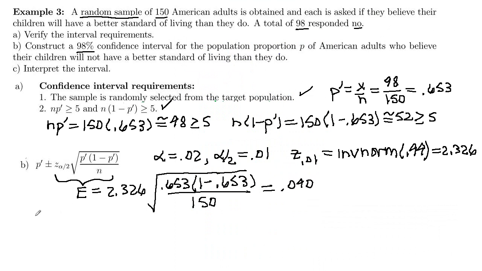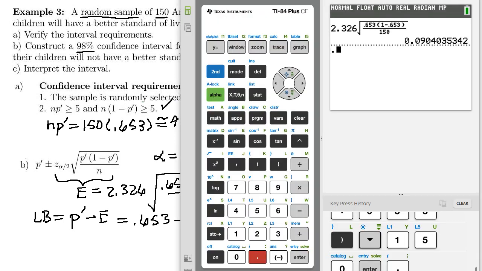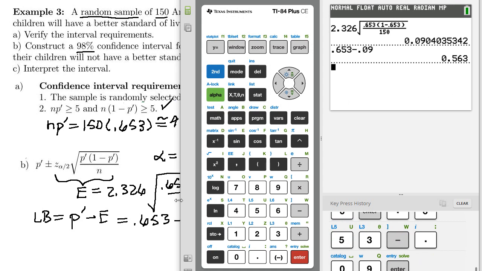And now we're going to find our lower bound, which is going to be p prime minus the margin of error. So 0.653 minus our 0.09. So 0.563.